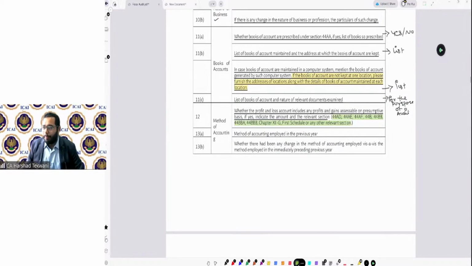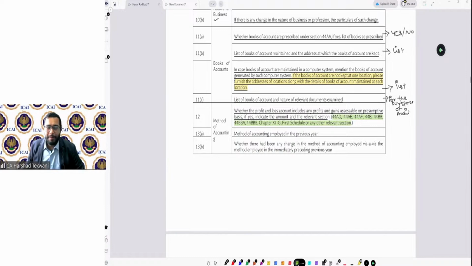Chapter XII-G, shipping companies again. First Schedule, insurance business, and then any other relevant section. So there are sections 44D, 115A, 115B. Okay, these are the presumptive ones again, so these are also included.